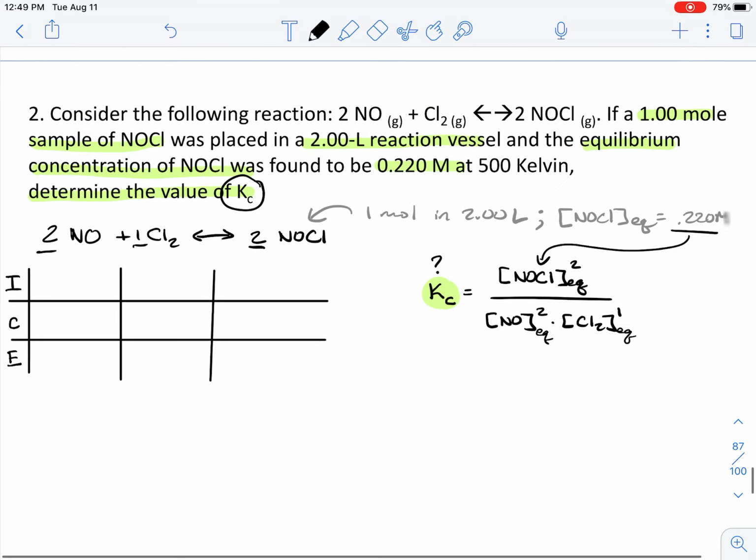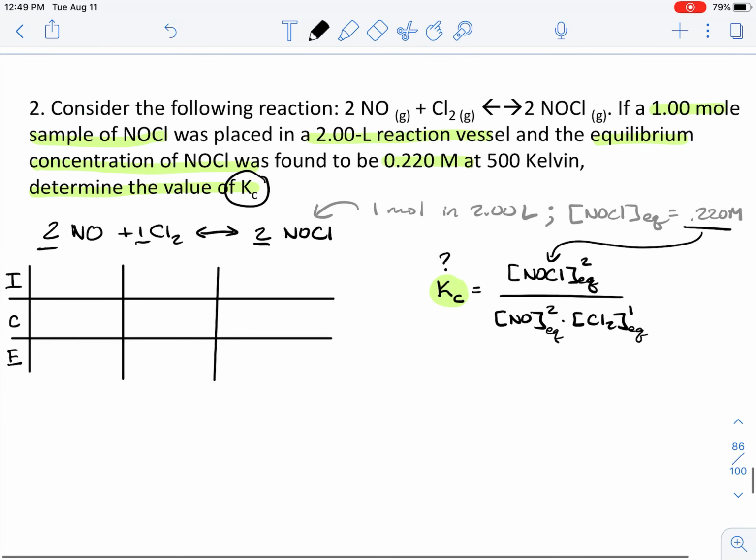Looking through the problem, do we have initial concentrations for nitrogen monoxide and chlorine gas? And the answer is no. So we're just going to put in 0 here and 0 here.